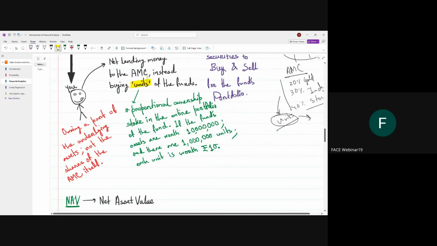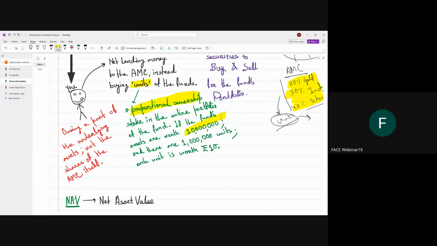It means you have a contract or a document which states that you own a certain fraction of the assets. The fund has been created by the AMC and diversified into multiple financial tools, and you own a certain unit as per the specifications of what they have invested in. A proportional ownership.